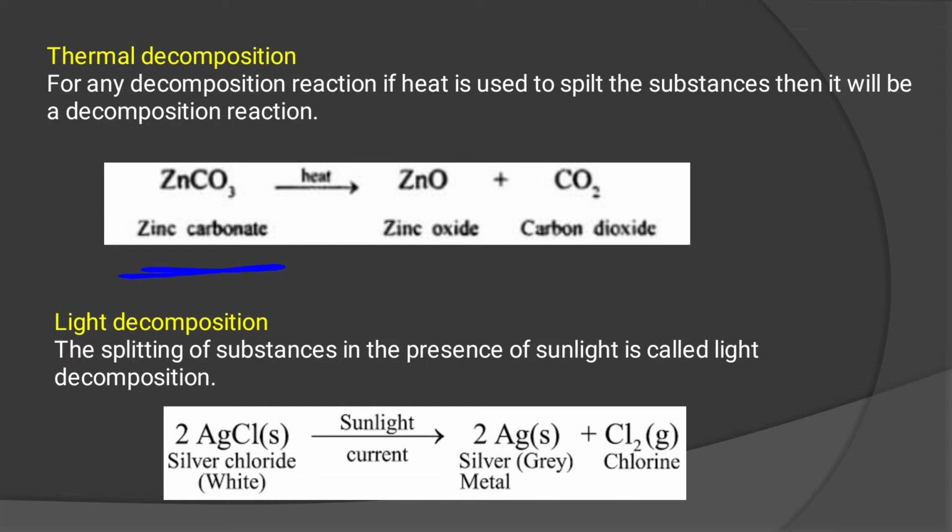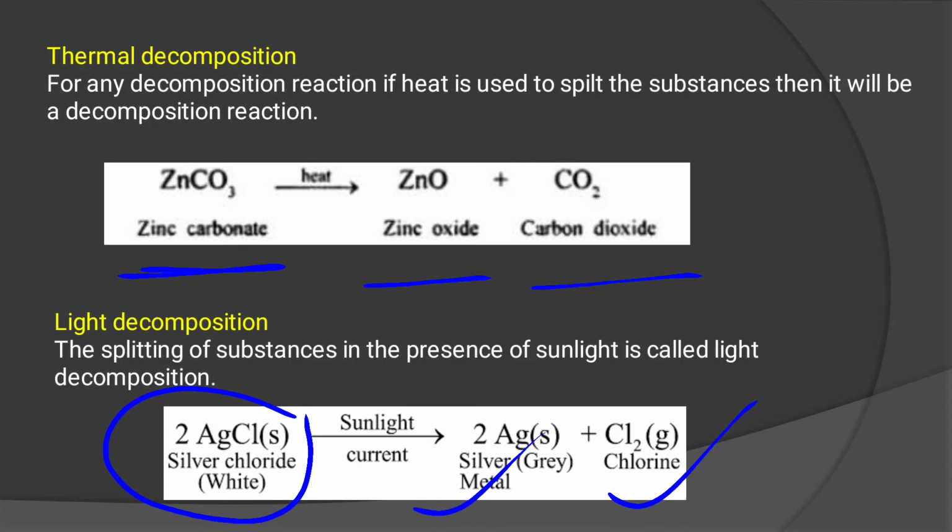Zinc carbonate splits up into zinc oxide and carbon dioxide, and this is how thermal decomposition is done. If we are talking about sunlight, then if silver chloride is exposed to sunlight, it will give us silver metal and chlorine gas. So this is how the splitting up is done.